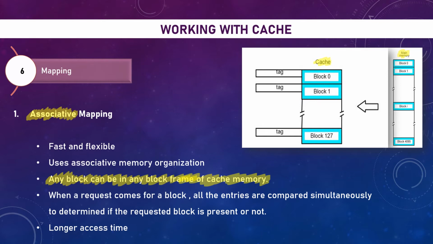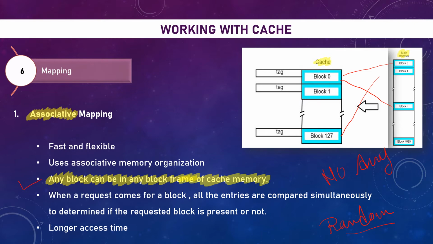It's like random: the first time this block comes over here, the second time this block comes here, another time some other block comes here. Any way we can shift. The main point of associative mapping is that any block can be in any block of cache memory.